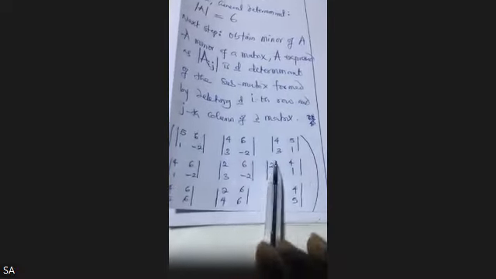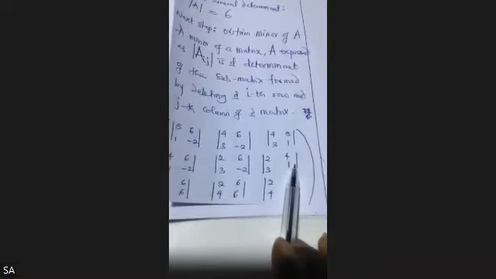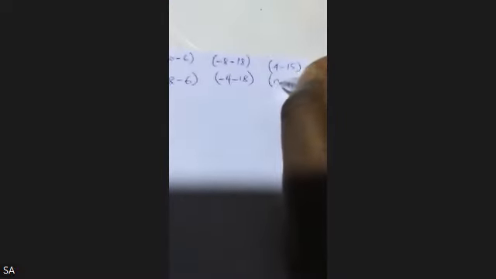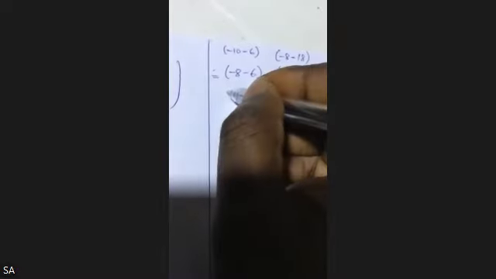Open bracket. Then 2 times 1 is 2, minus 12. So 2 minus 12.